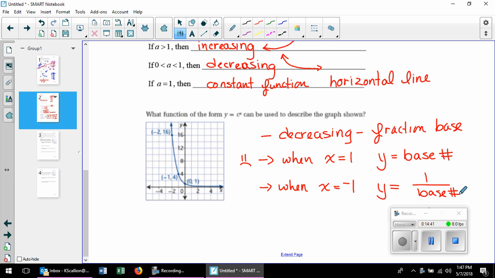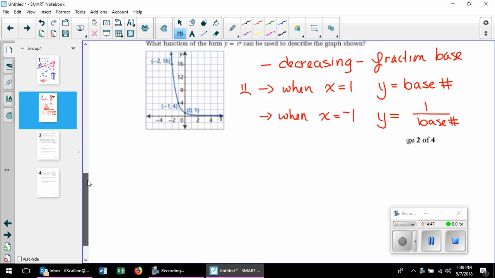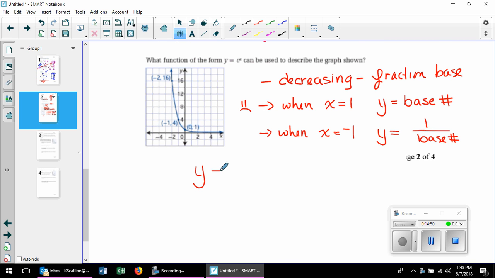And that point is listed. It's 4. So what would be the equation for this graph? Y equals 1 over 4, in brackets, to the exponent x.